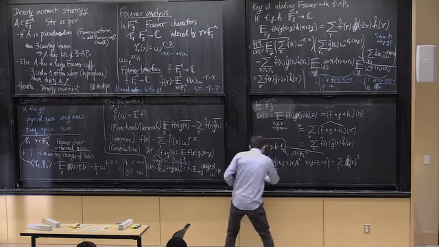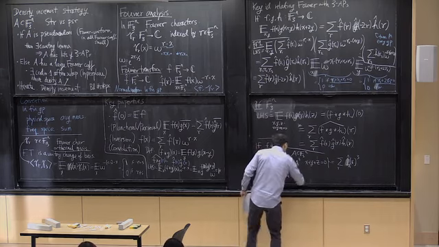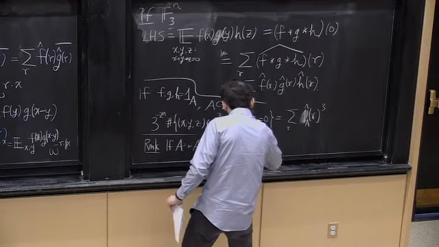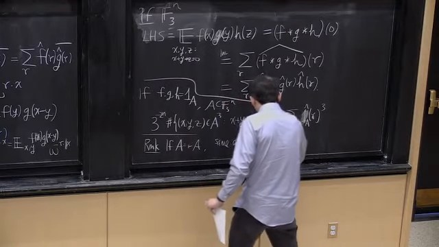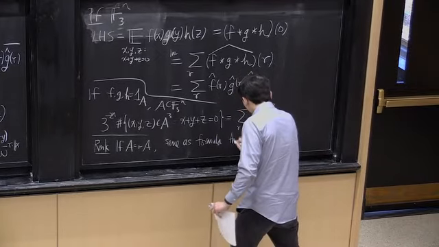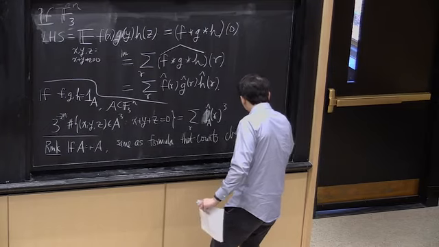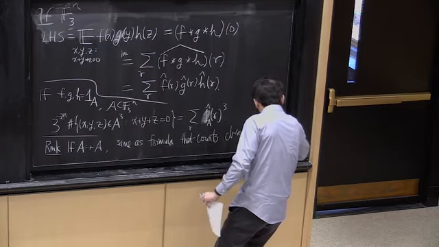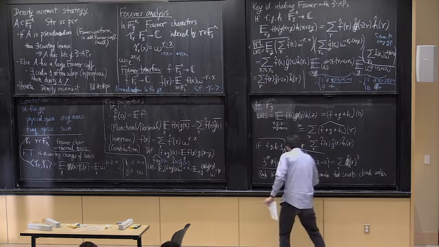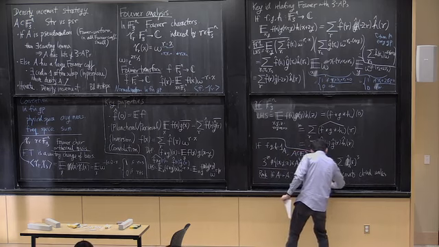If A is symmetric, let's say, then this is the same as the formula that counts closed walks of length 3 in a Cayley graph.